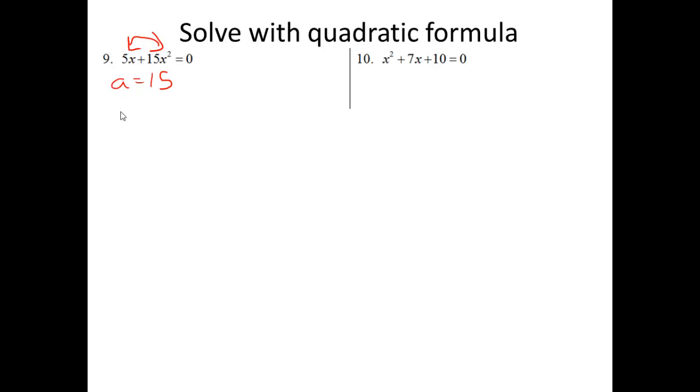They just didn't put it in standard form. B is equal to 5, C is equal to 0. So we say negative 5 plus or minus the square root of 25 minus 4 times 15 times 0. This is all over 30.